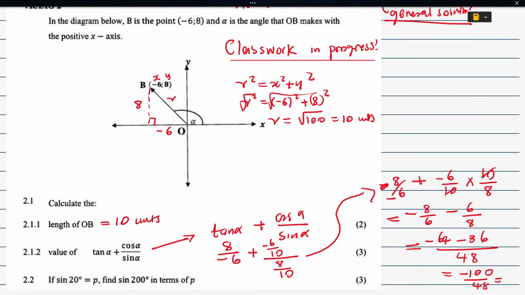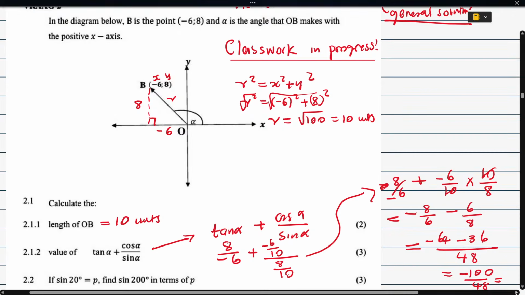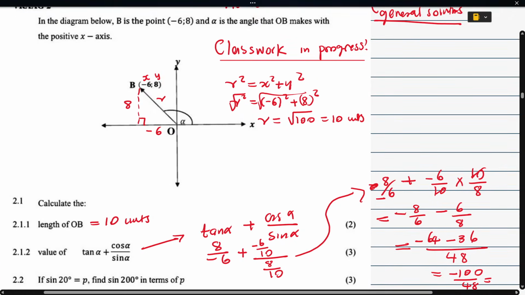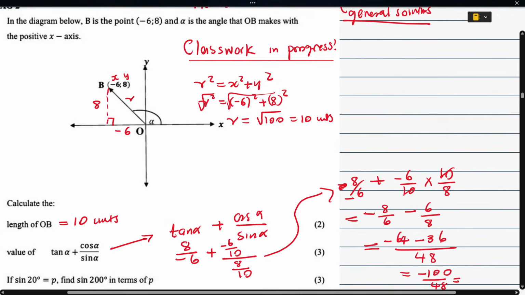So the answer can be simplified and become what? Who can tell me quickly? Press your calculator. What is the answer? Negative 25. Thank you. Negative 25 over 12.